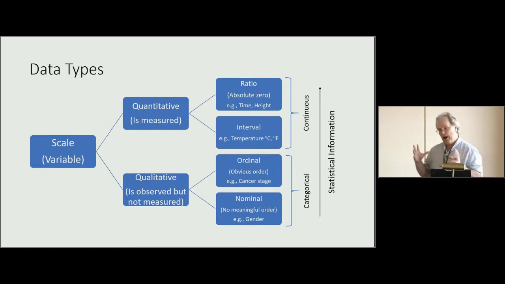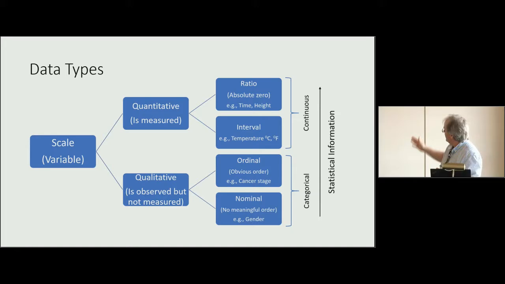But even though there are these four scales of measurement, when I'm thinking about things, I think in terms of whether it's categorical or continuous. So nominal and ordinal are categorical variables, and interval and ratio are continuous variables.